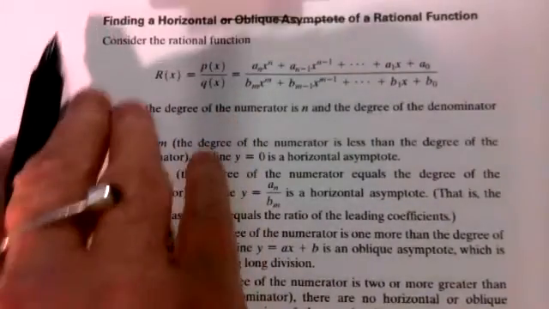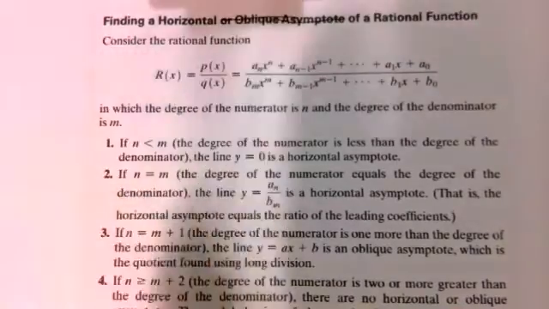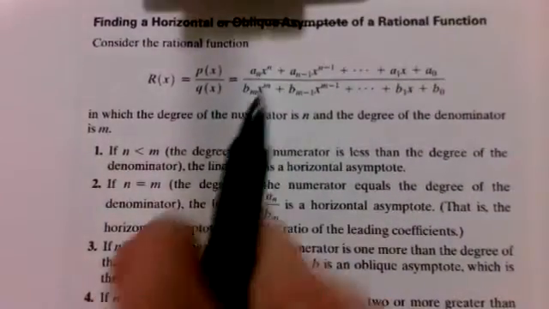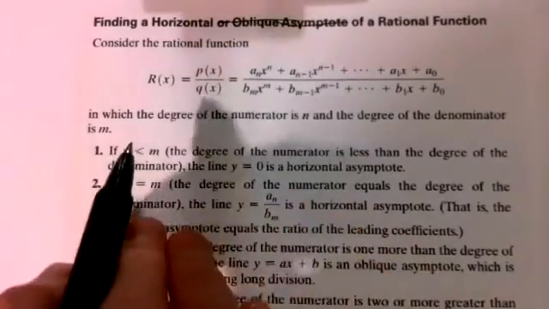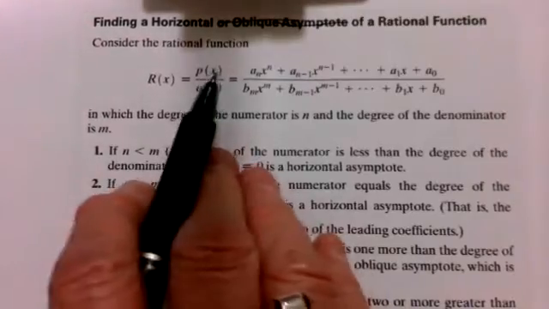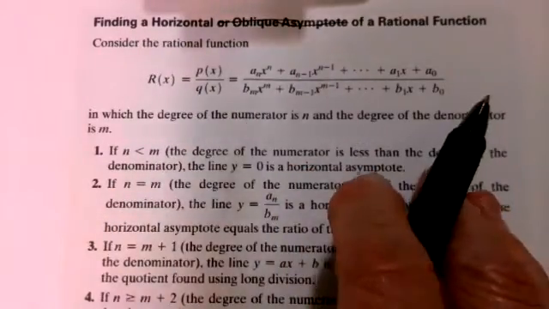You know, we'll see some graphs that have holes, which means it's not defined at some value of x. We've already seen that. And if it's a rational function, that's because the denominator is not defined there. But consider a rational function where we've got a polynomial in the numerator and a polynomial in the denominator.